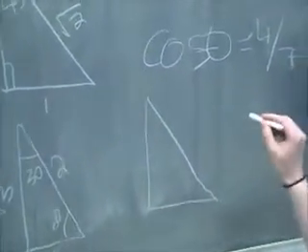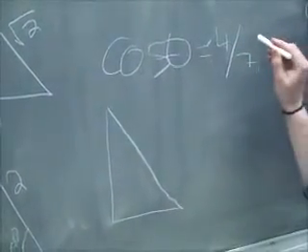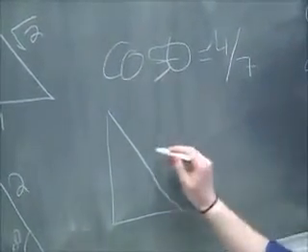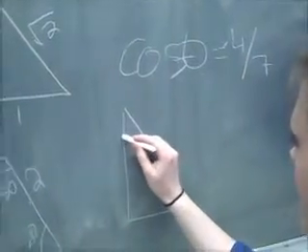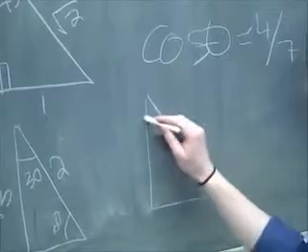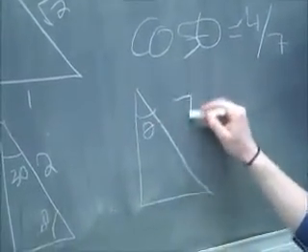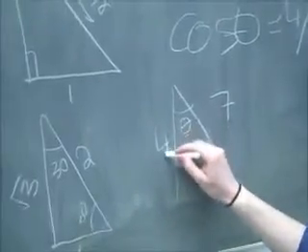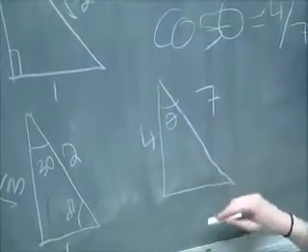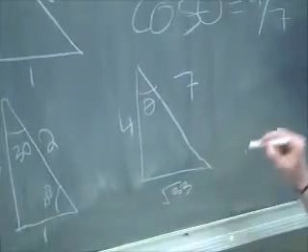Cosine is adjacent over hypotenuse. So say this is the acute angle, so this is going to be the theta. So you have 7, 4, and then you need to find the third leg, which will be root 33.